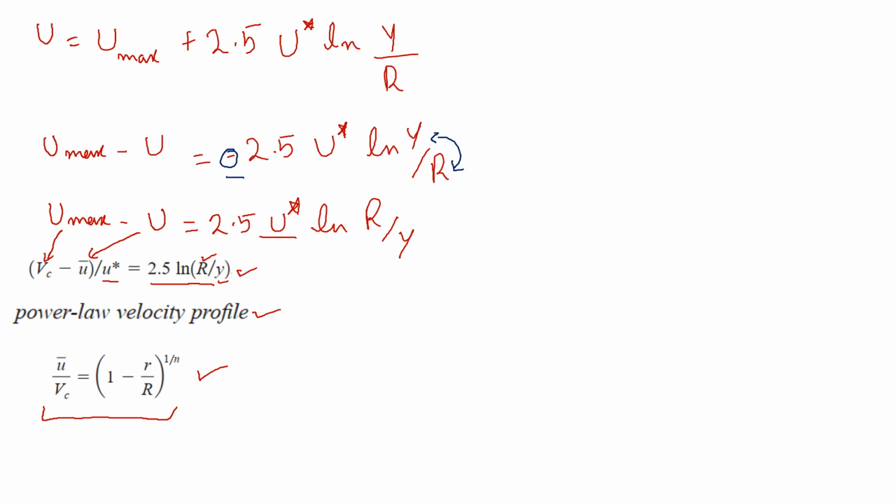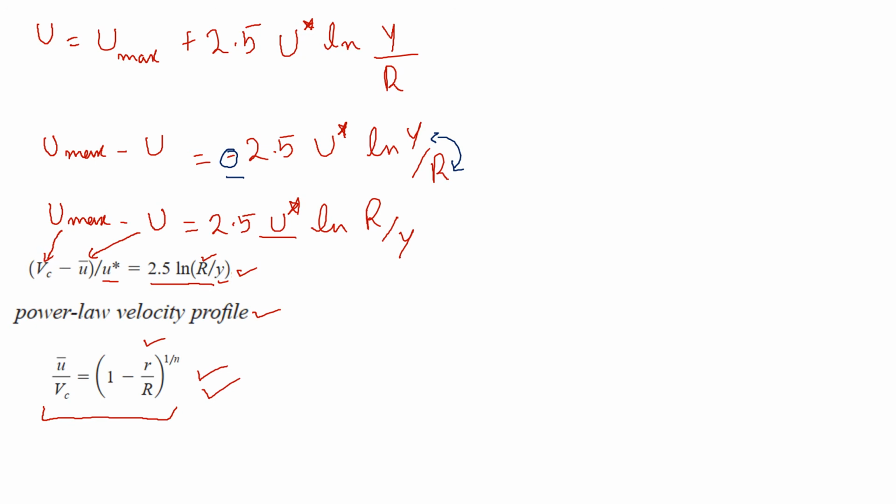So we relied heavily on empirical terms, the terms that we got from experiments, and this is another power law velocity profile formula that we empirically got. Empirically means from experimental results.